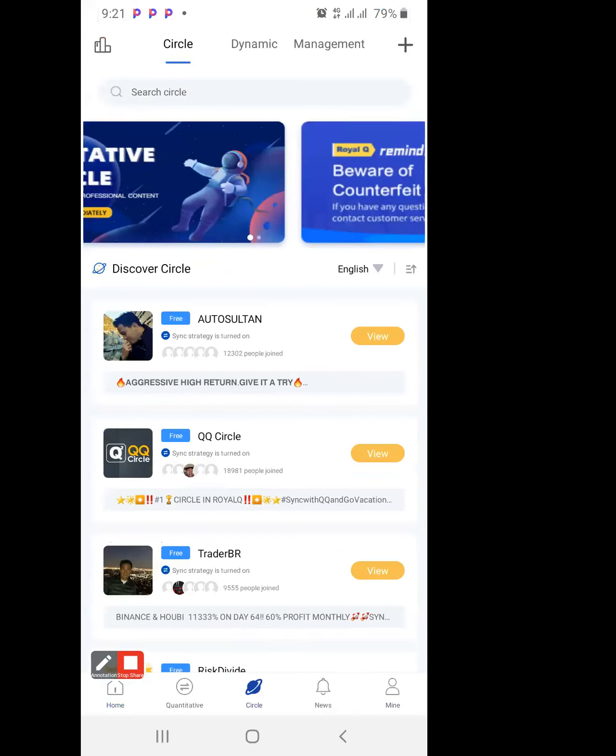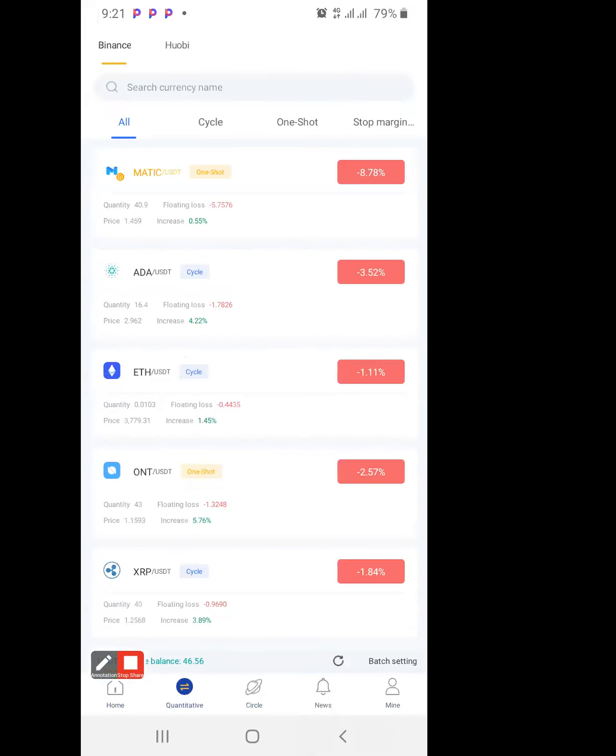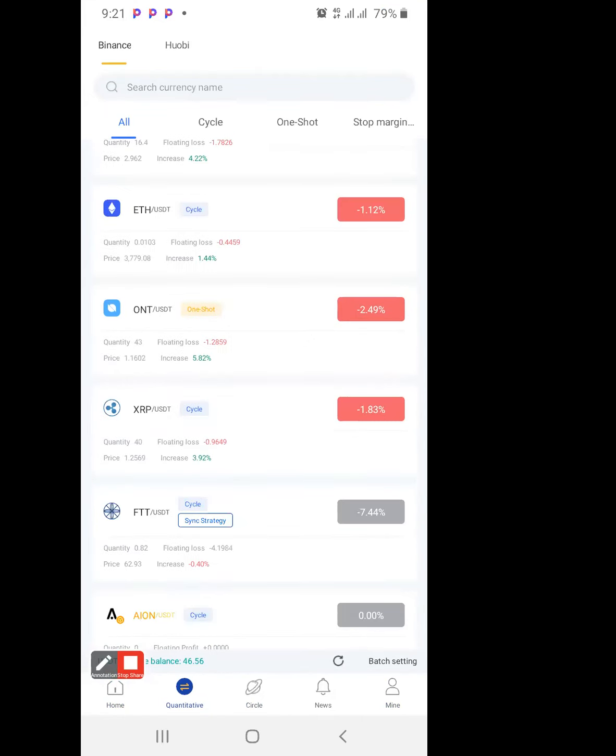So I said circle is for joining strategy. But from the home page, I want to talk about quantity now. Quantity shows you all the coins that you can trade.